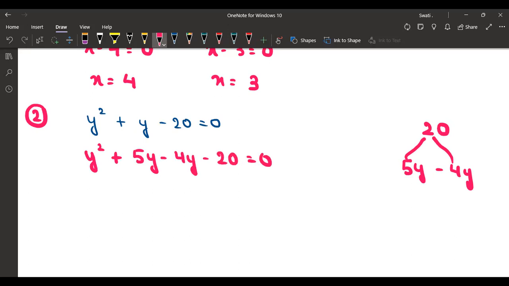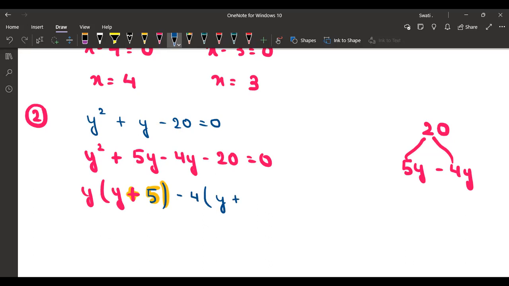From the first two terms, I'll take y common. So I'm left with y plus 5. Then I'll take minus 4 common, and inside the bracket we have y, and then plus 5, because if you put a bracket outside, you have to change the sign.